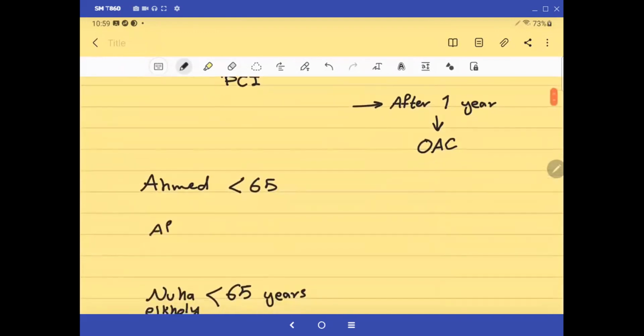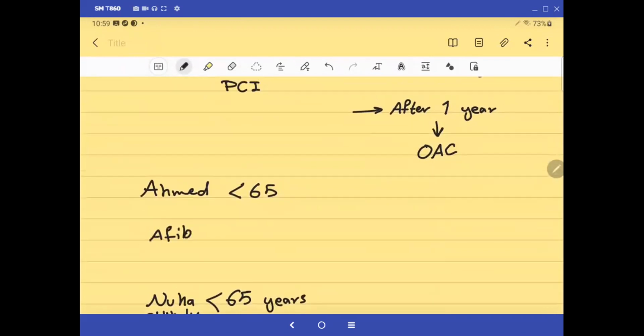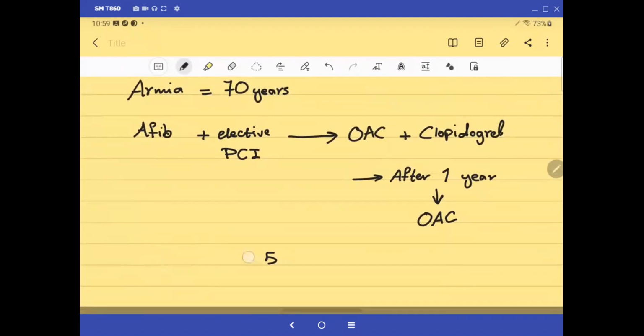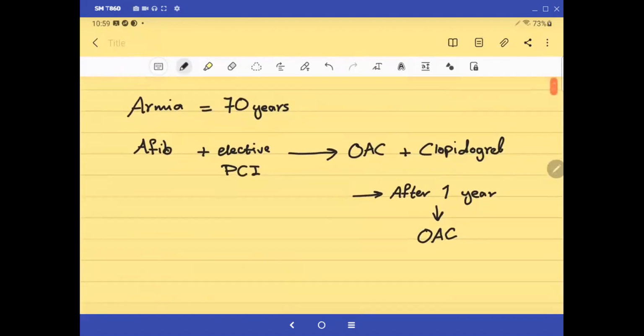Is there a chance to make Ahmed before Armia? This is how we can go through the age, like the younger first, then the older comes later. This is how we went through all of them. So we can memorize them better. Please, if you can, thank you.